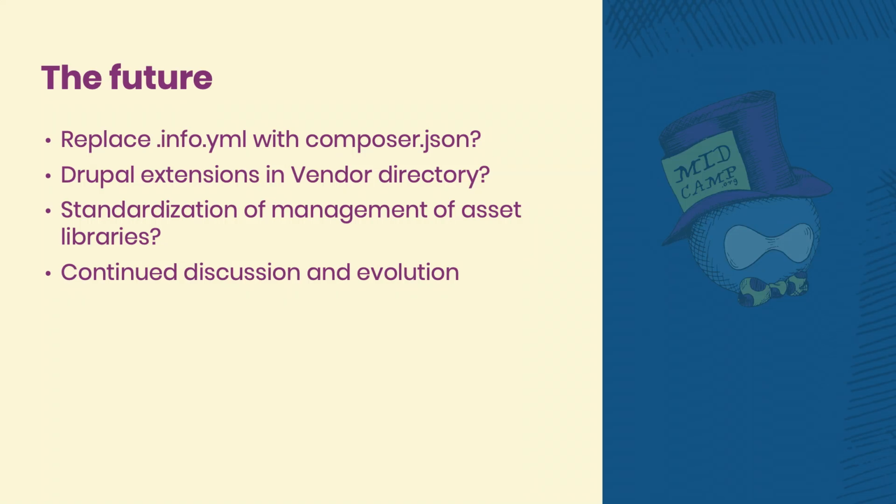And maybe we will see a standardization of management of asset libraries. Maybe we'll say Yarn is the way to go, and we'll, as a community, come up with a way to establish some standards for how we're going to use that dependency management tool within Drupal. So there will be lots of continued discussion and evolution, but lots coming, I'm sure.